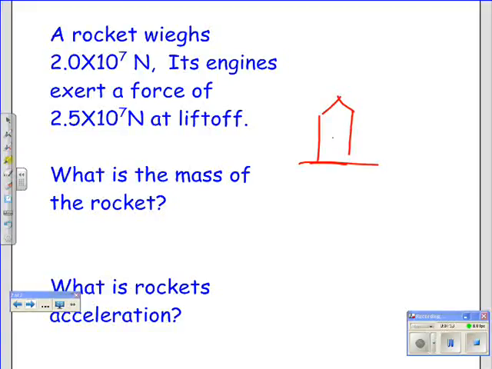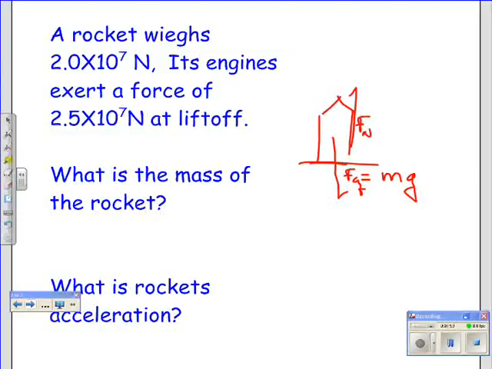Okay. Initially, as it's sitting there, the force of gravity is balanced by the normal force, right? The force of gravity is mass times the acceleration of gravity. Force of gravity is also known as weight.